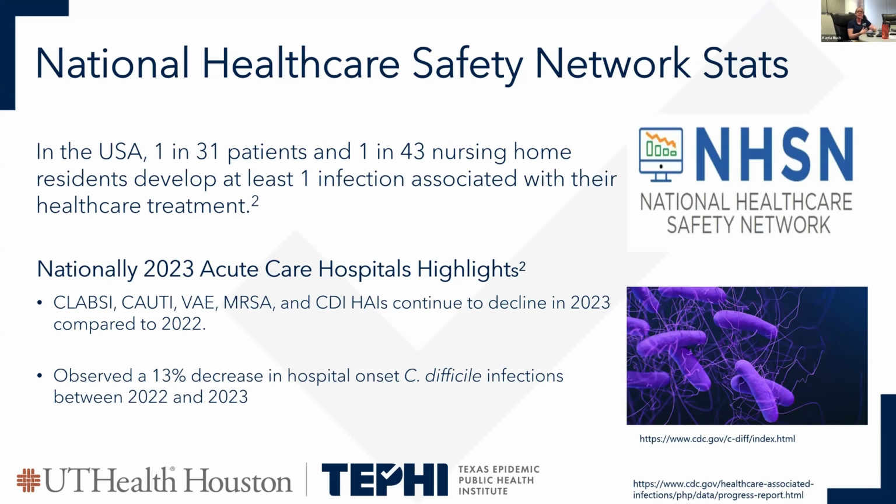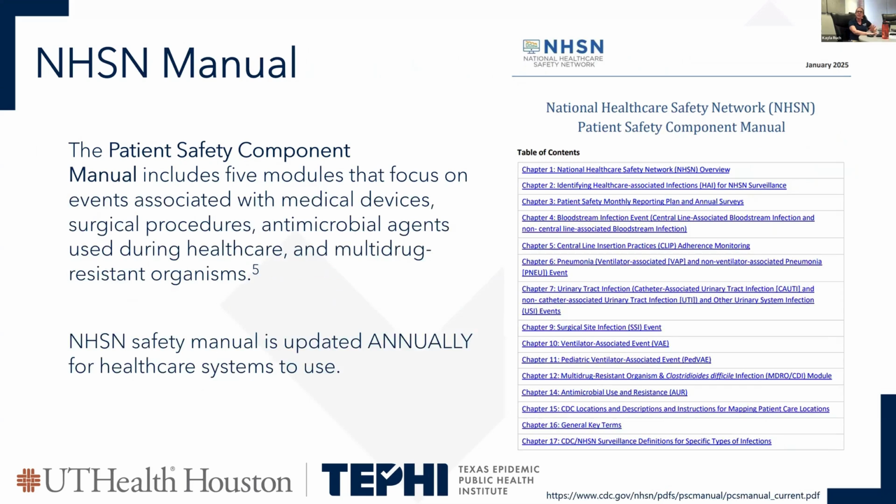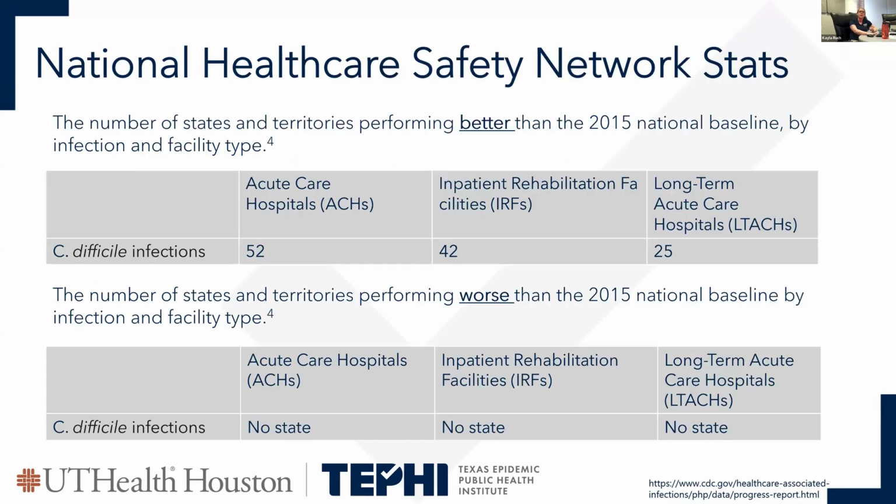And specifically in C. diff, we saw a 13% reduction, which is great. And just like with any healthcare acquired infections, we have our National Healthcare Safety Network, or NHSN, manual that tells us how we define these infections and how we should work them up. We'll discuss briefly C. diff infections, how the definition is used, and then how we can work on some prevention measures.